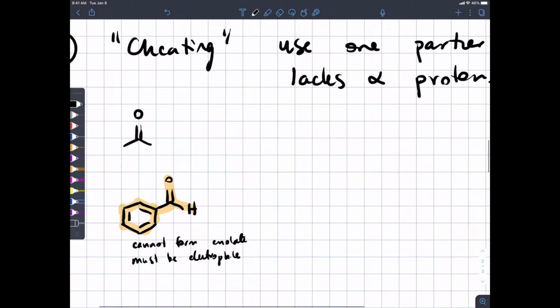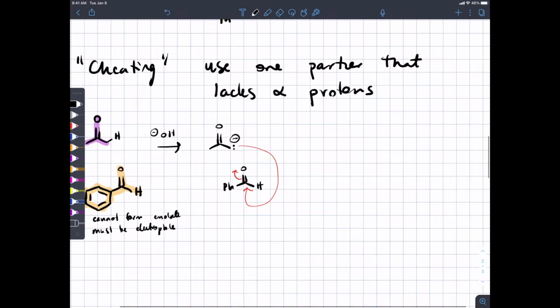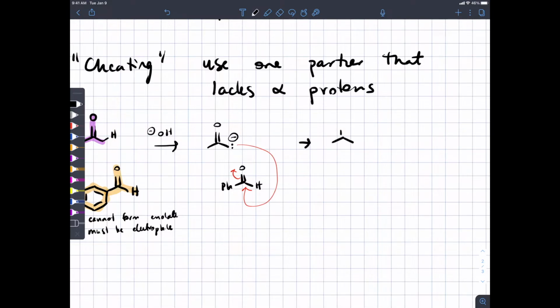So if you did the aldol reaction, you would presumably make the enolate that comes from the ketone, because that's the only enolate that's available, and then you would have that enolate attack the carbonyl carbon of your aldehyde to give you that tetrahedral intermediate, and this is the new bond that you made.